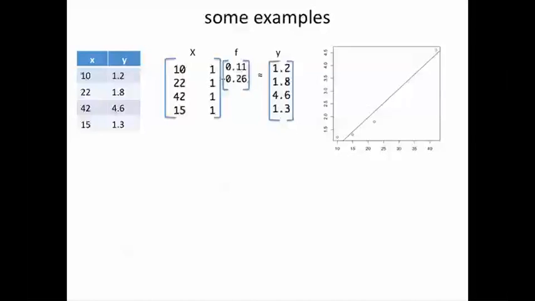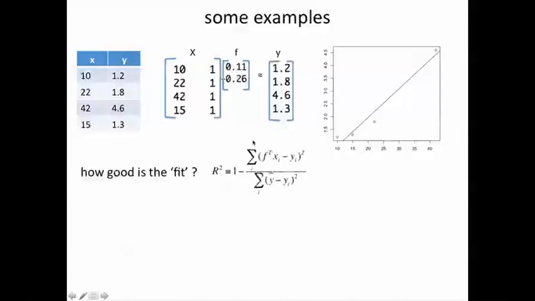But we also might want to ask, how good is this fit to the data? A common measure of how good the fit is called the R-squared value, which is simply the sum of squares of the errors of our actual estimate. So you have f of x, which is f transpose x of i for each data point, minus the actual value.